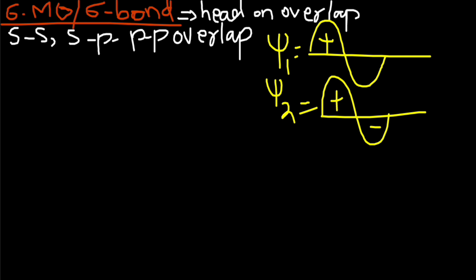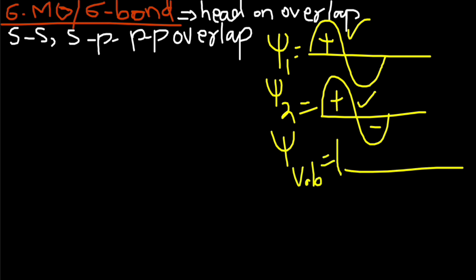Both are in phase, so their overlapping will result in a bond known as a valence bond, and when both of these waves overlap, the superposition of psi 1 and psi 2 results in increased amplitude of the wave. This kind of overlapping of waves is known as constructive interference.